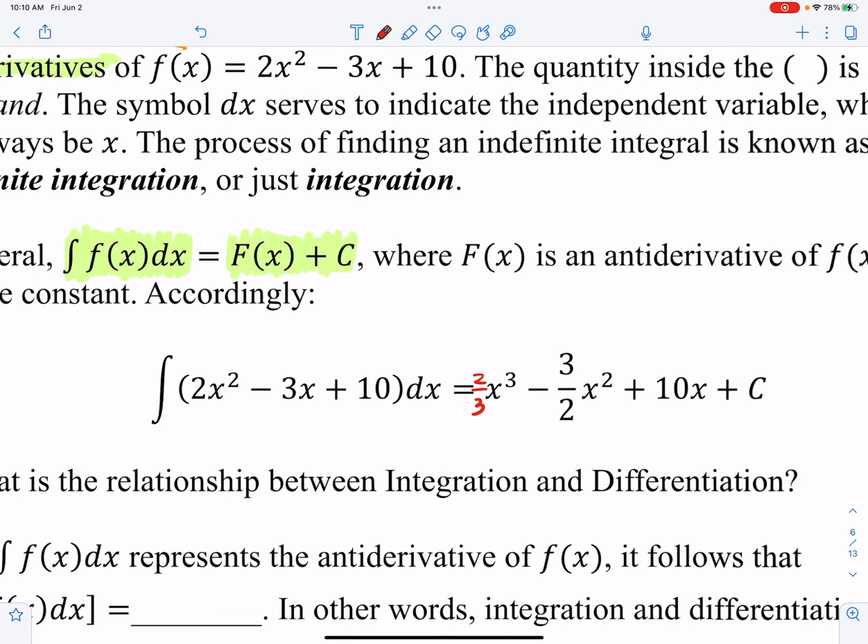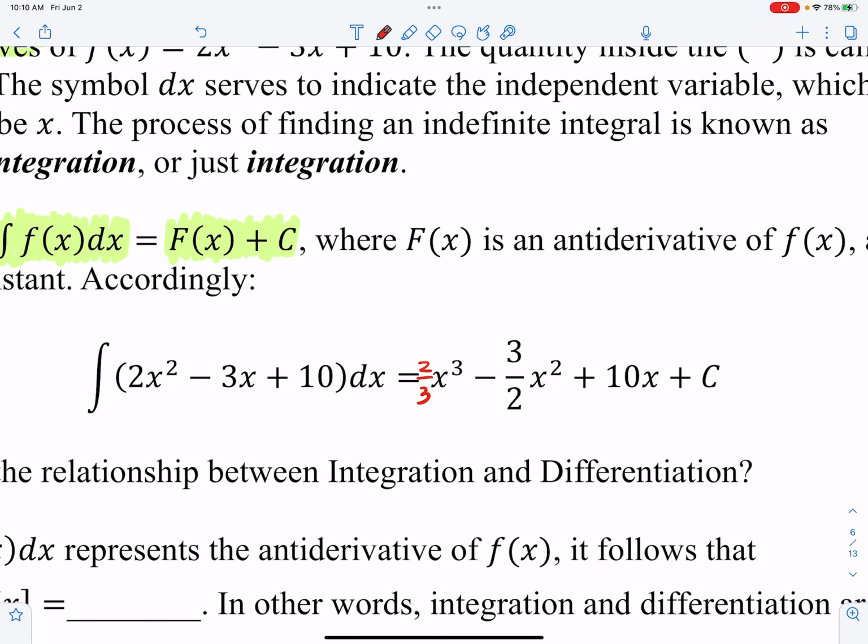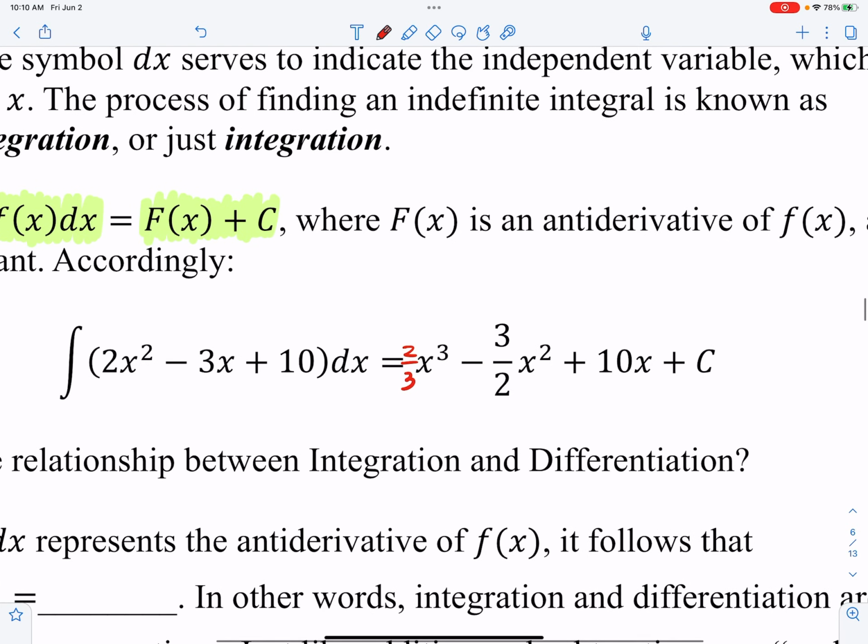Oops. So 2/3 x cubed minus 3/2 x squared plus 10x plus c represents the general antiderivative. It represents the infinitely many antiderivatives of the function 2x squared minus 3x plus 10, which we called lowercase f of x.